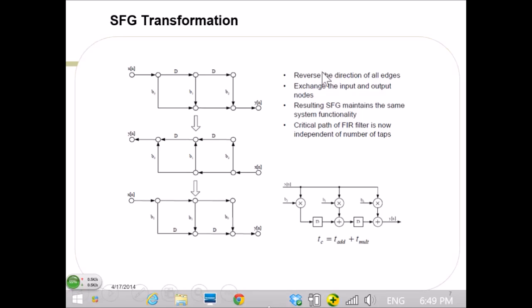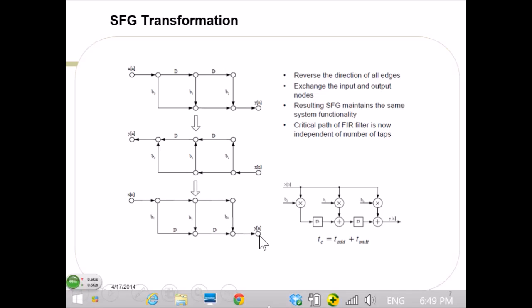Now what if you do a transformation on the signal flow graph? The original signal flow graph is this. First of all, we change the direction of all the edges, so instead of going this way, we go this way, and at the same time we swap the input and output. With this transformation, the output result is exactly the same. This is a redrawn figure of that.